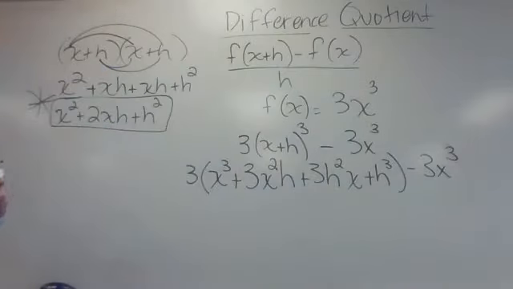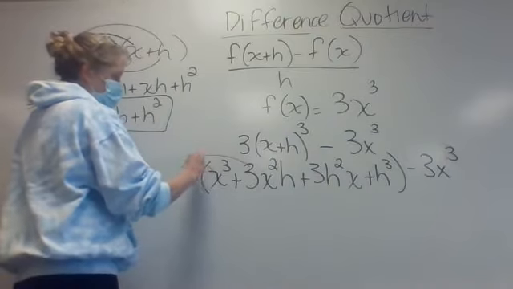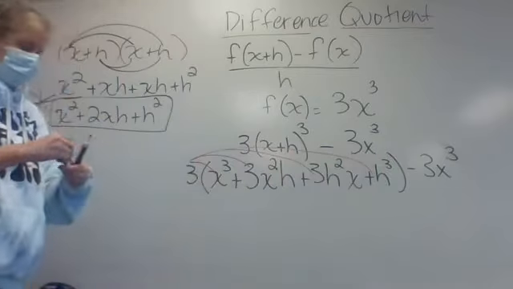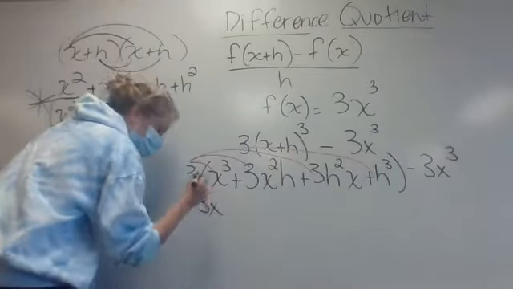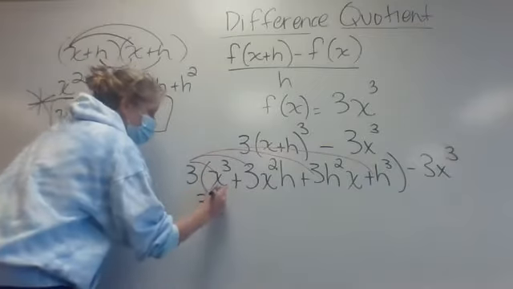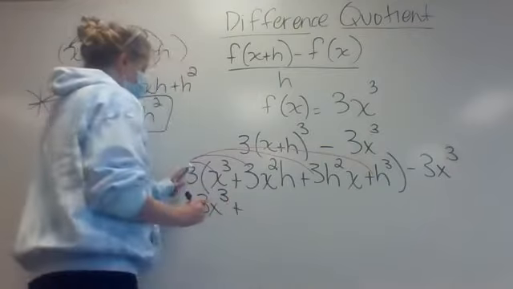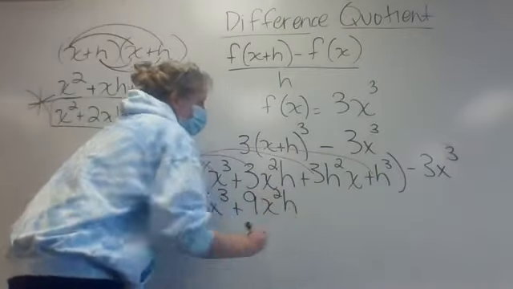Distribute your 3 here. Remove those parentheses. So let's see, 3 times x cubed is 3x cubed. Plus 3 times 3 gives me 9x squared h.